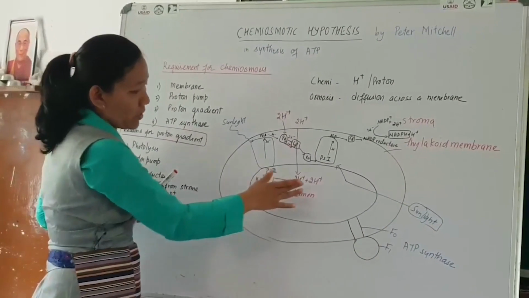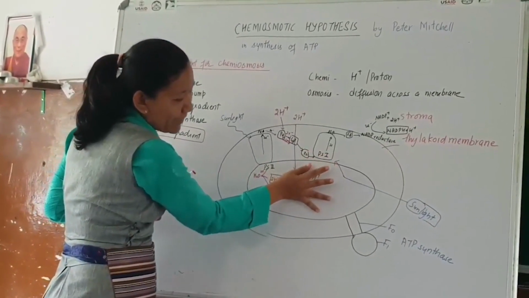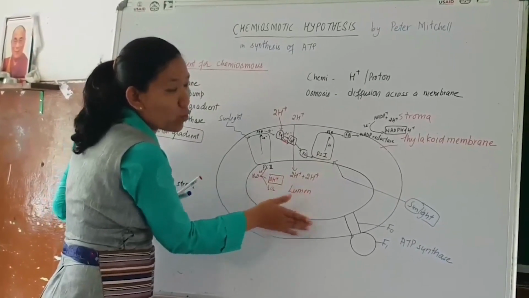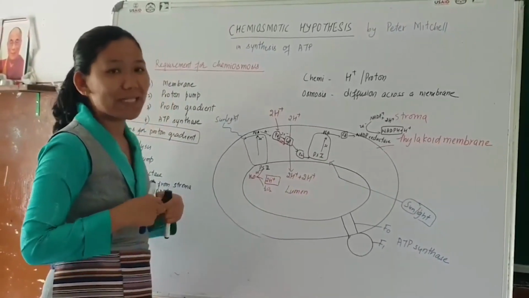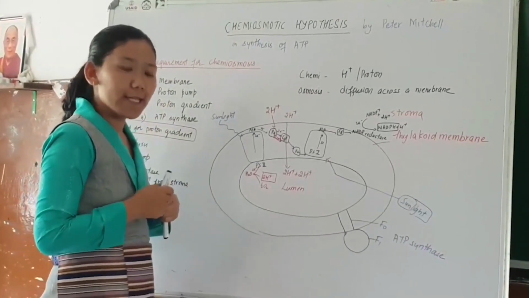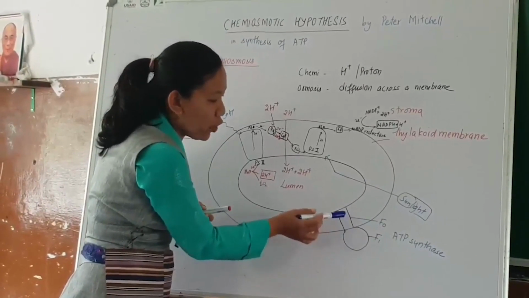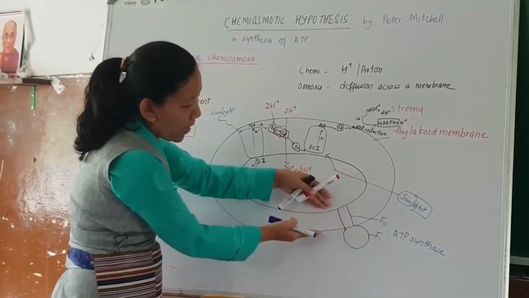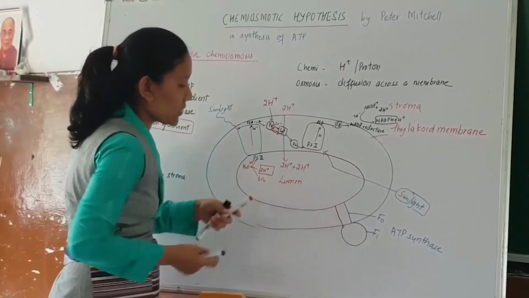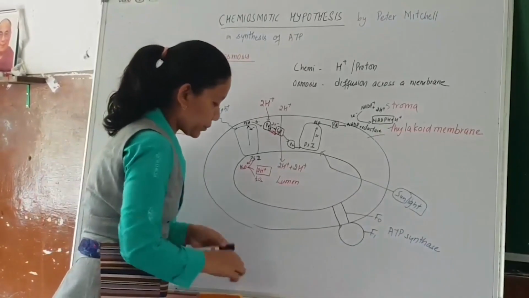Okay, now the proton ions or the hydrogen ions accumulated in this lumen region must go out. Okay, so it will go out only through this ATP synthase complex, and this ATP synthase has F0 and F1 particles. The F0 particle, which is embedded, which becomes an integral part of this thylakoid membrane, acts as a channel for the passage of proton.